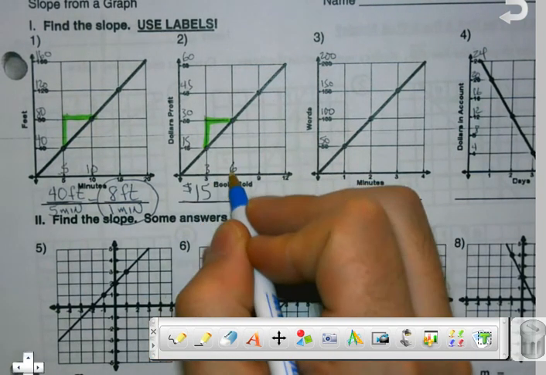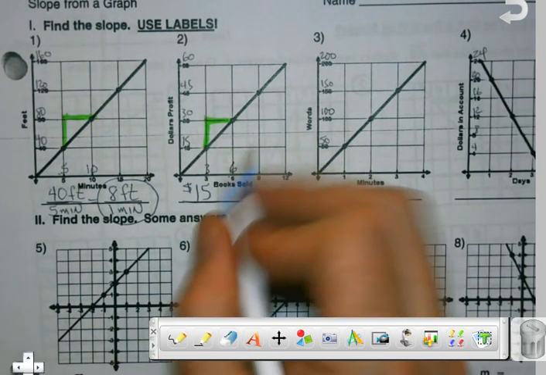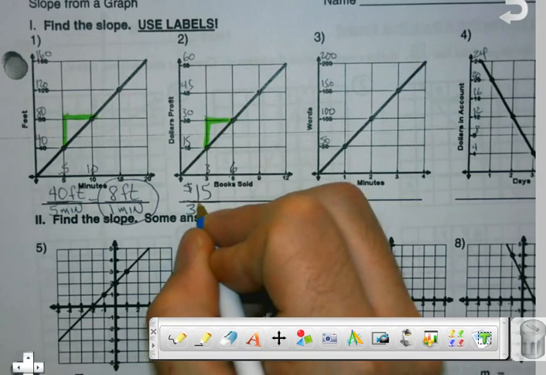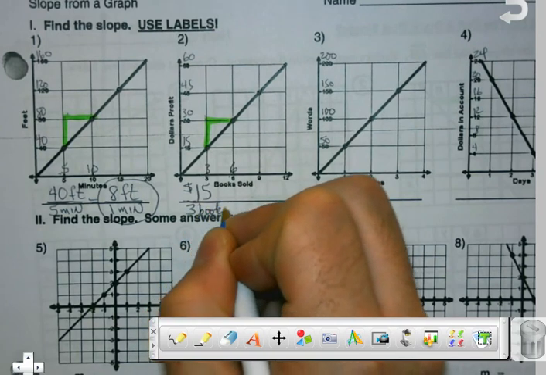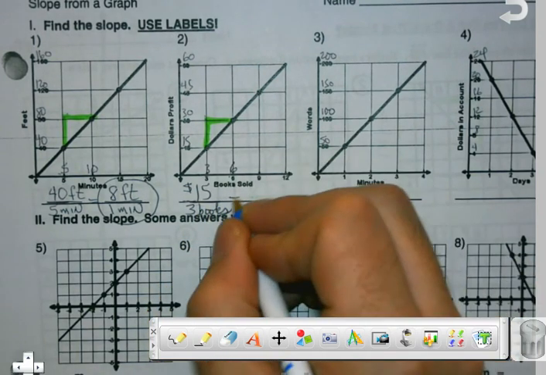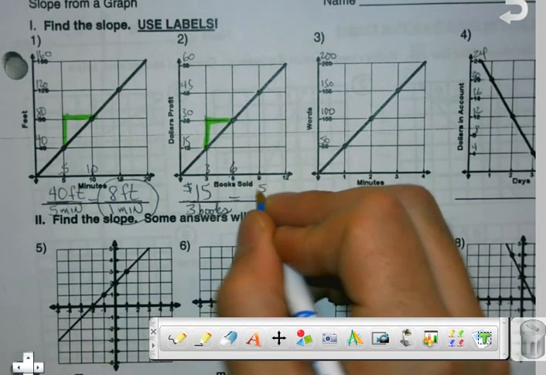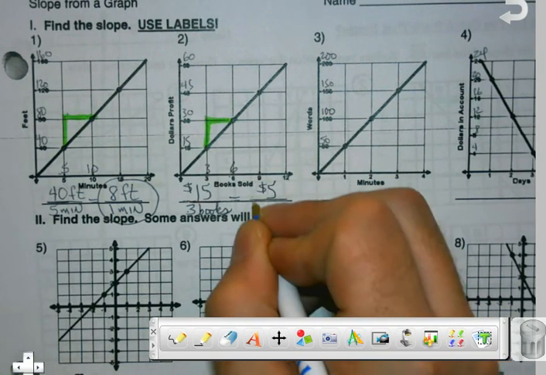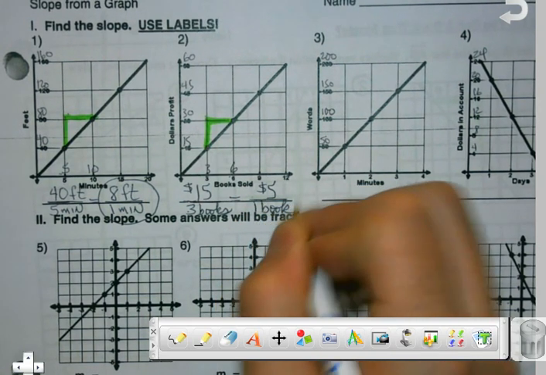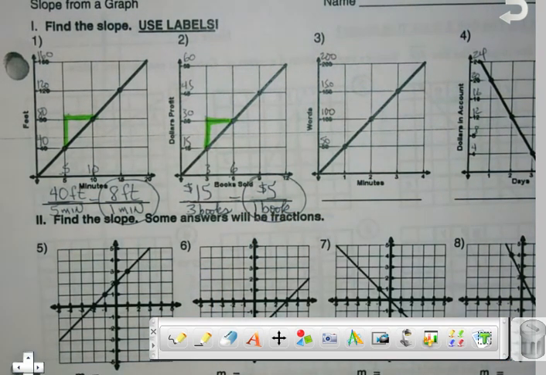And going from 3 books to 6 books is 3 books. 15 divided by 3 would mean $5 for 1 book. So I'm still doing the same thing I did before with slope, except now the numbers get a little bit bigger. Okay, I will make note of that.